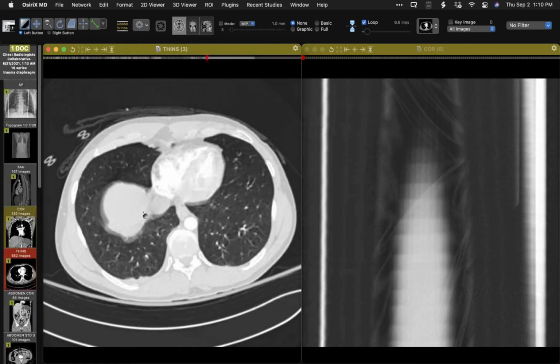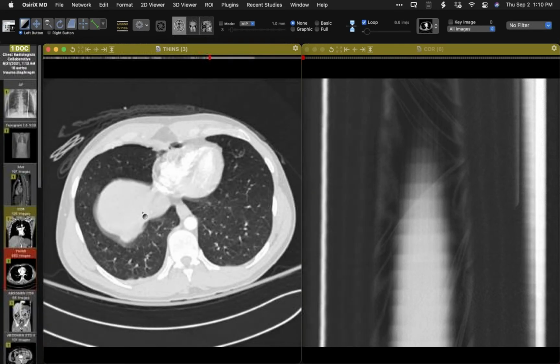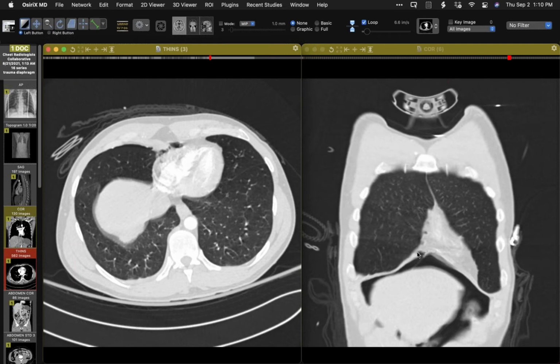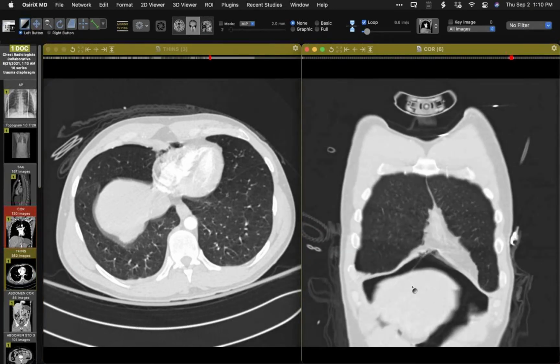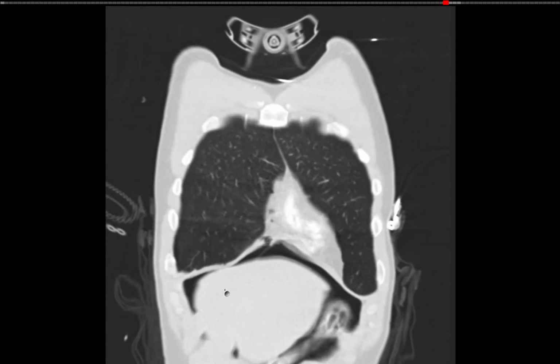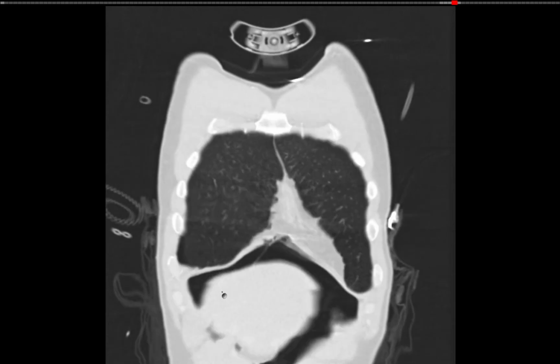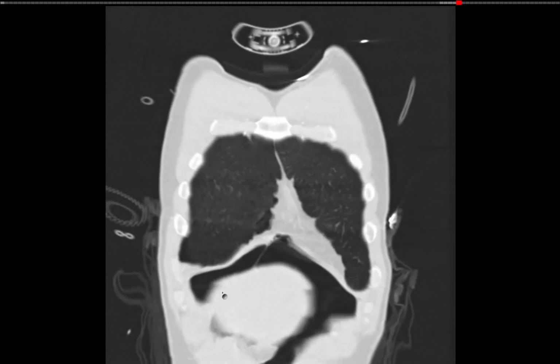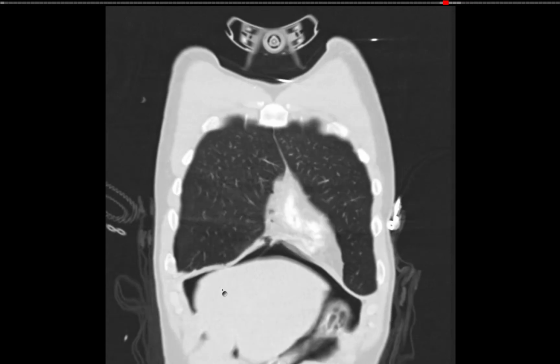Now I want to go way anterior here, and I'm going to click there to bring up on the coronal image that area, which is of course way anterior. And there is clearly a small but definite communication between the pleural space through the diaphragm to the upper and anterior abdomen.